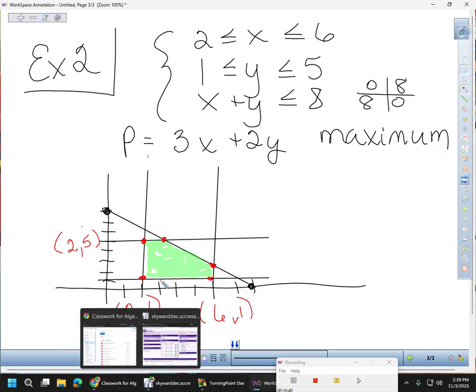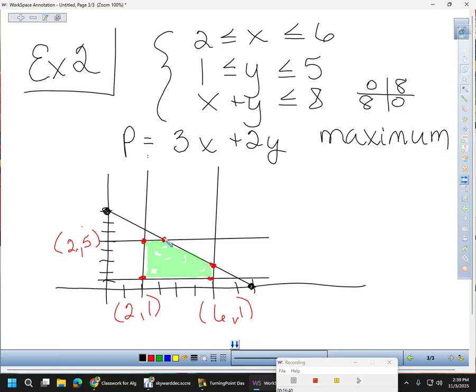Okay? Let's start with this one. This one is on where y equals 5. So I'm going to plug 5 into my equation. X plus 5 equals 8, means that x equals 3. So this point over here is at 3, 5. Now we got to do this one.